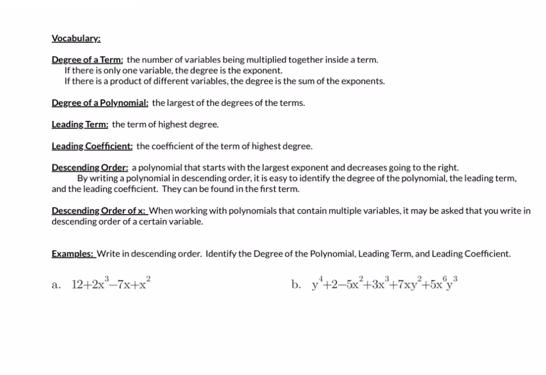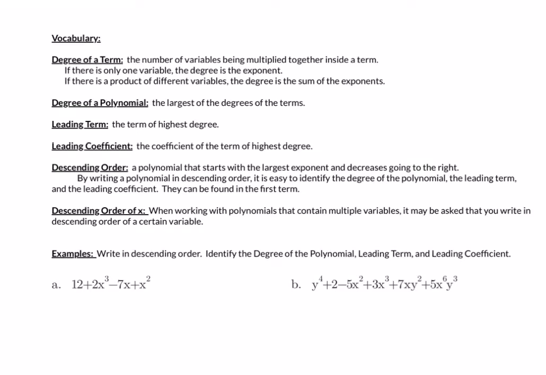All of this can be found in the first term. Now, if you have multiple variables running around, we may want to write in descending order of x or y or a particular variable. And that means that we are going to focus in on that variable and write it in descending order for that variable.